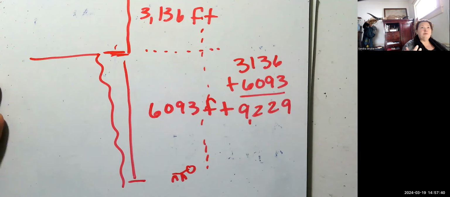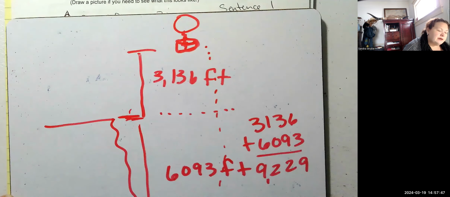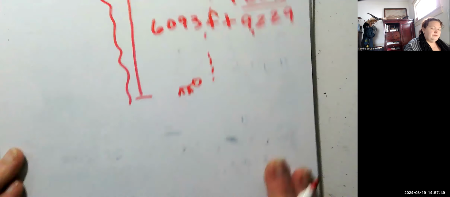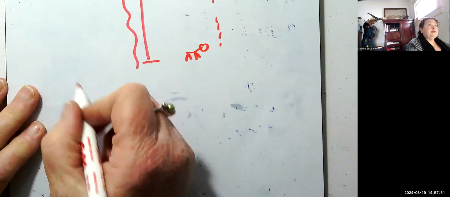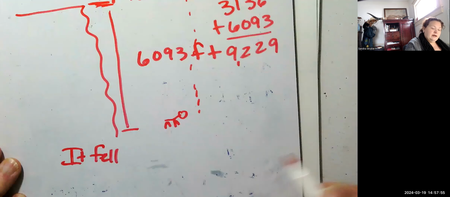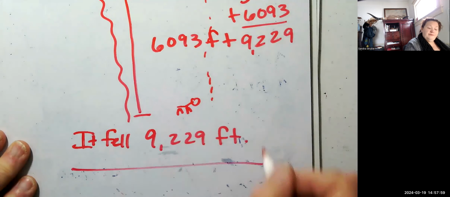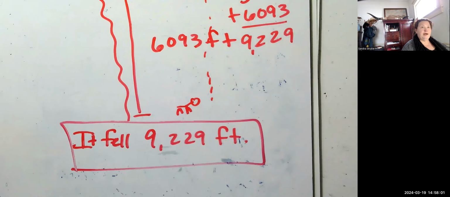It, again, is a word problem, so your answer needs to be in sentence format with correct units. So the question was, how far did it fall? I don't care if you write what you write. You can just say it fell 9,229 feet. That's all I need. Okay.